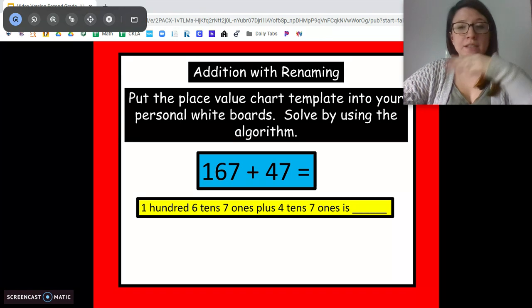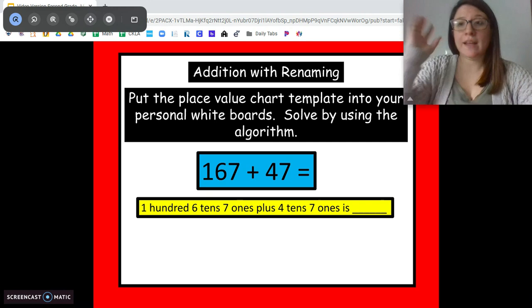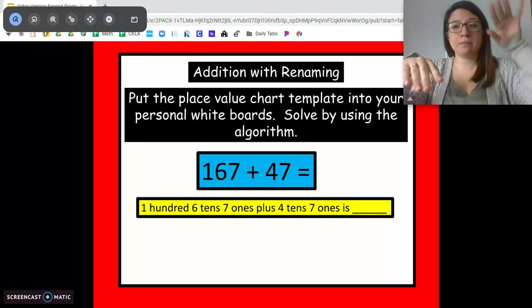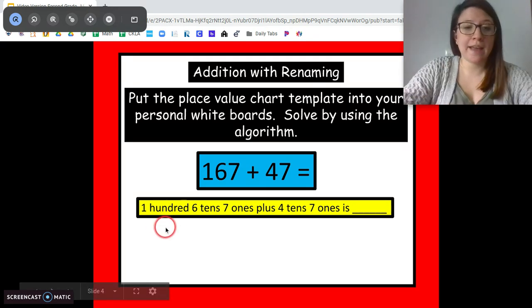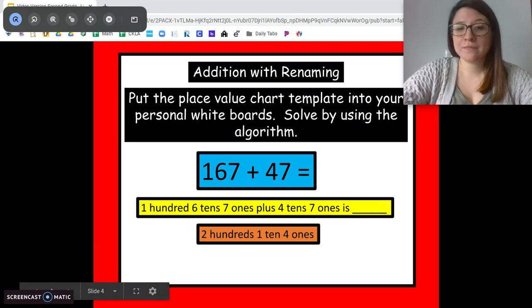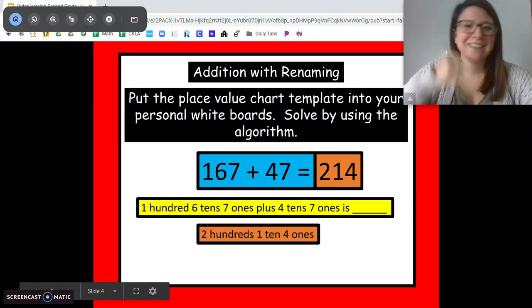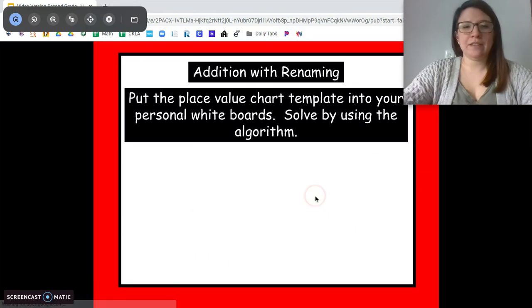Now I have 6 tens plus 4 tens plus 1 ten. That'll give me 11 tens. Again, I'll bring my 1 ten down, bring my 10 tens over, add it to my 100. I get 2 hundreds, 1 ten, 4 ones, 214. Thumbs up if you got it. Good job.